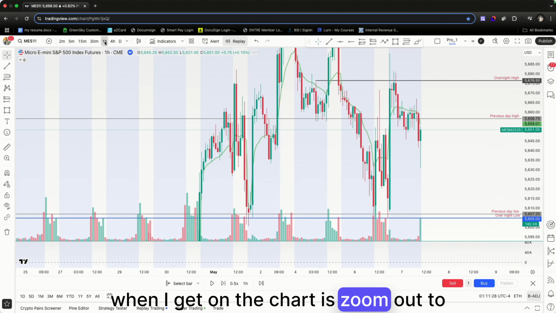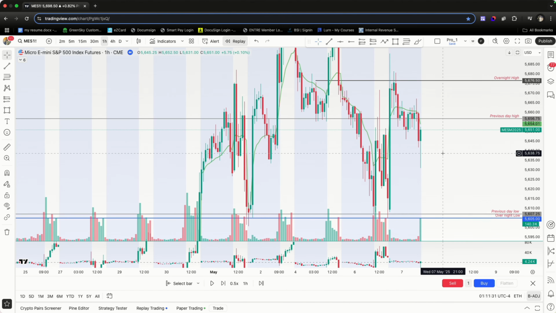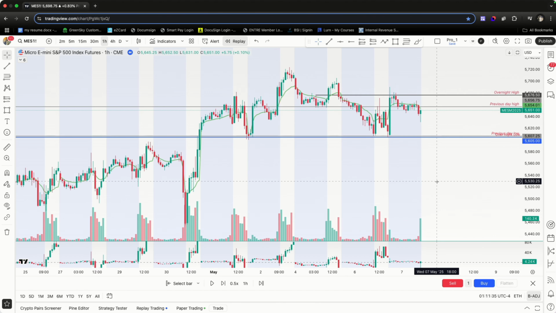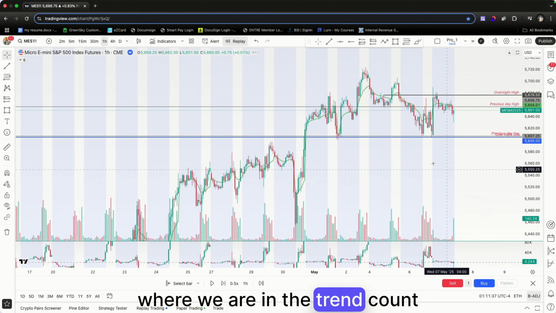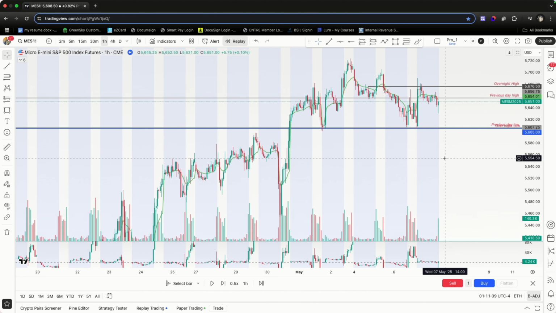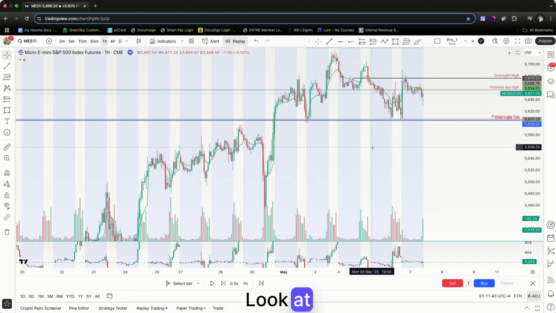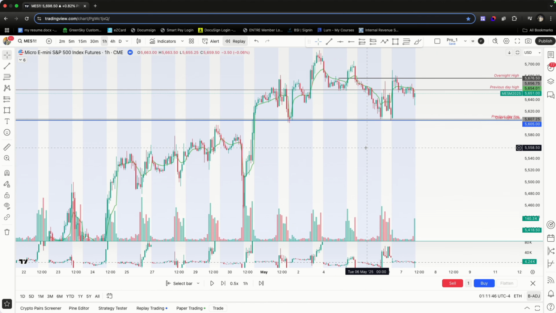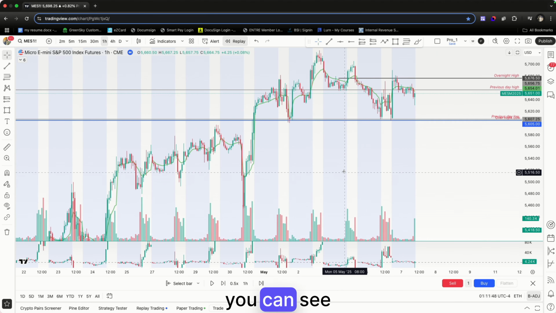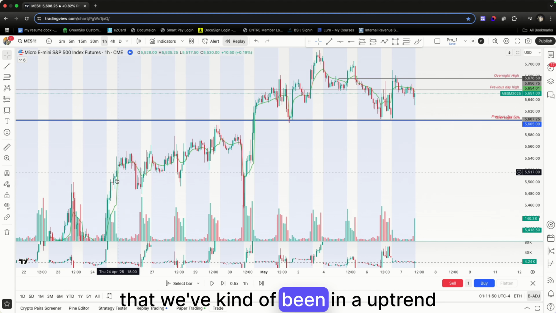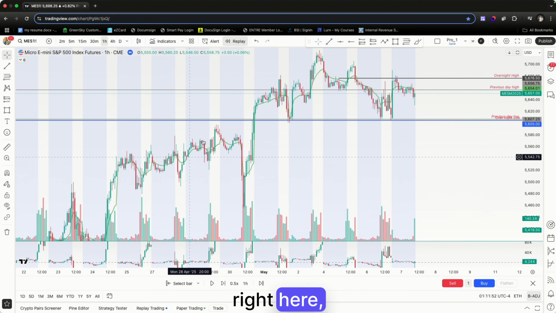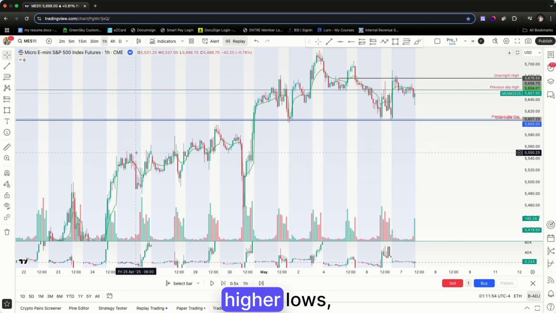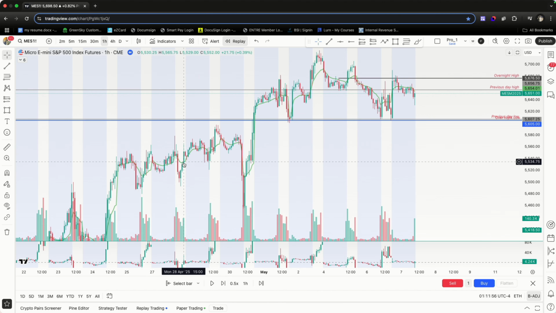the chart is zoom out to the hourly time frame to see where we are in the trend count from an hourly view. Cool. Looking at the hourly chart here, you can see that we've been in an uptrend right here, getting higher highs, higher lows, higher highs, higher lows, right?